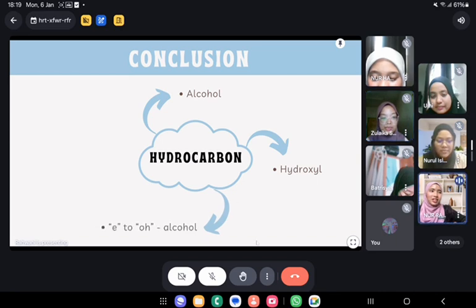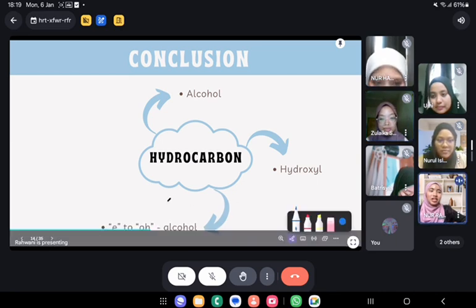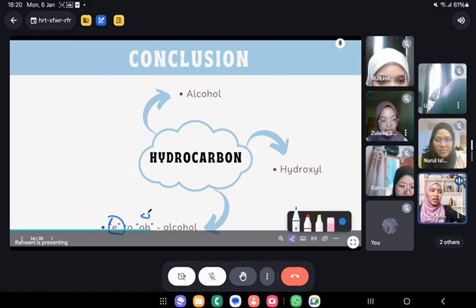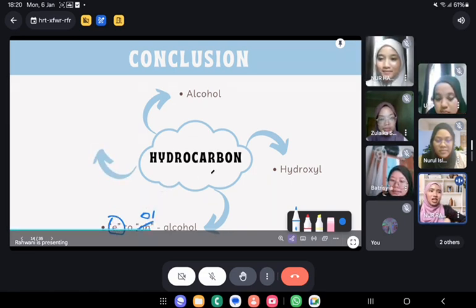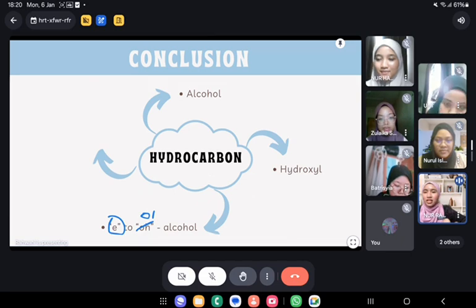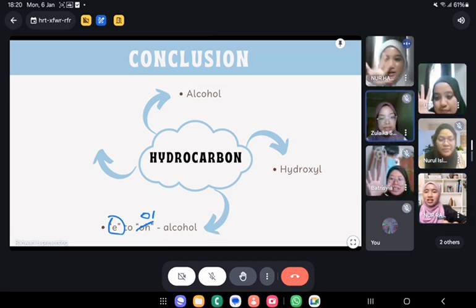Alright, that is correct. Thank you, Zulaika Sofia. So for alcohol, the suffix E of alkane will be changed to OL. So the suffix E of alkane will be changed into OL. And finally, students, how many steps did we learn today? 5 steps.